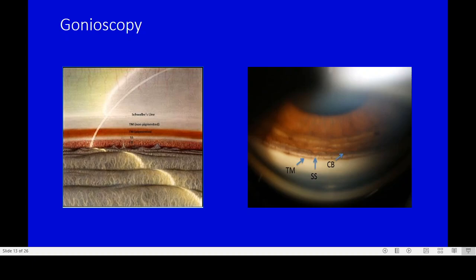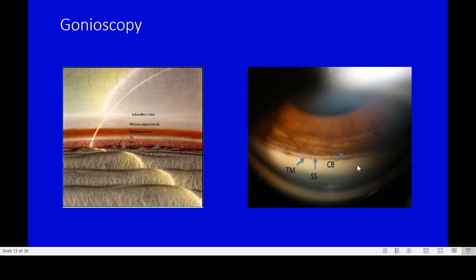Another important examination is the examination of the angle. As you can see over here, this is a diagram showing different structures of the angle: ciliary body, scleral spur, two parts of the trabecular meshwork, and Schwalbe's line. This one is an actual gonioscopic picture of the angle, showing the ciliary body, scleral spur, trabecular meshwork.